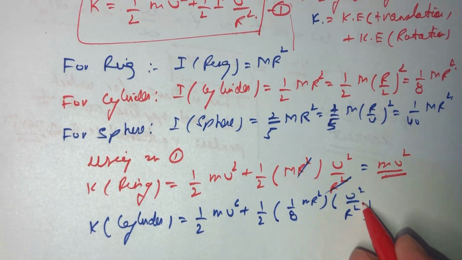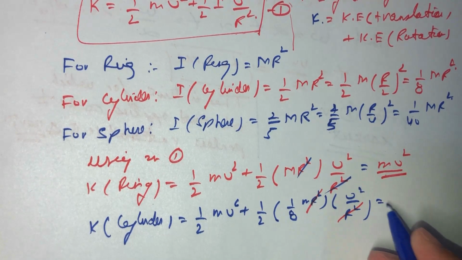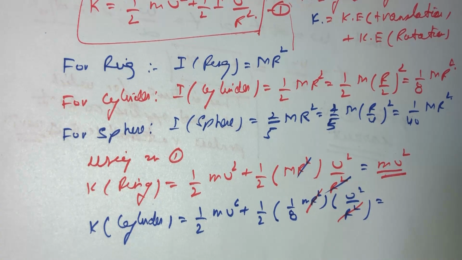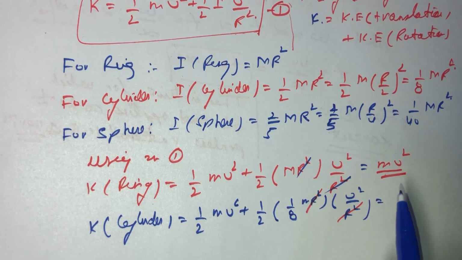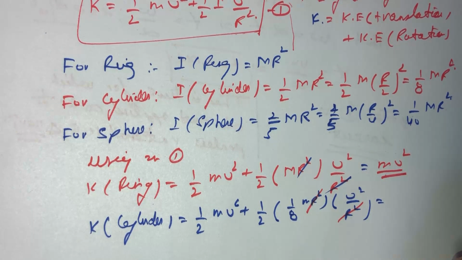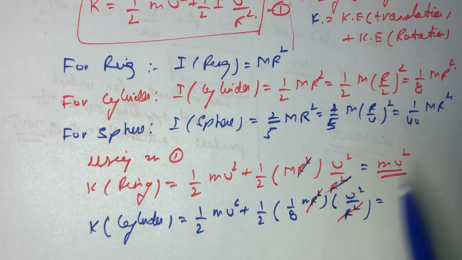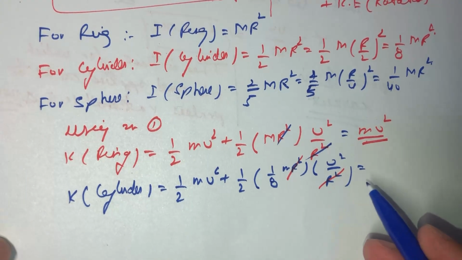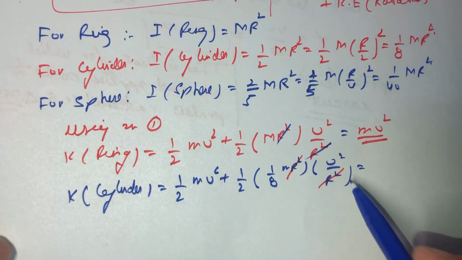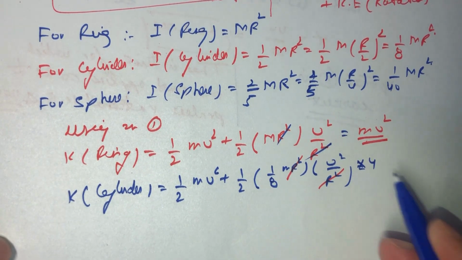Once again, r square and r square cancel out. Now the radius is r by 2, so this will be multiplied by 4.